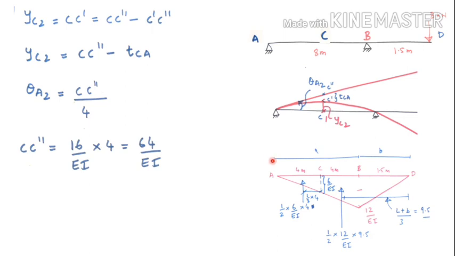We can find TCA by using moment area method, theorem number 2, which states that moment of area of the M by EI diagram between A and C. So you have to see only this portion between A and C, and the moment of area of this diagram should be with respect to C. Okay, first define the total load of this area. Okay, half into 6 by EI into 4.